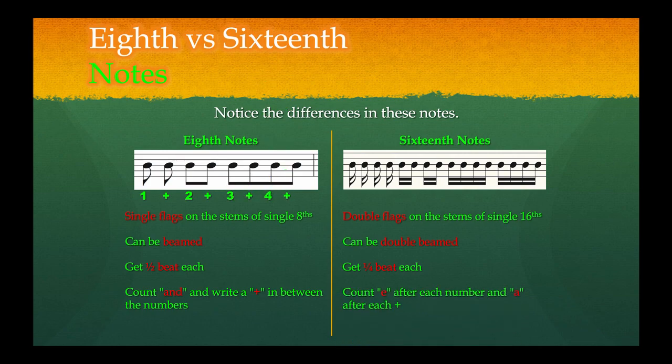When counting 16th notes, we count E after each number and after each plus sign. 1E and 2E and 3E and 4E and. 2 8th notes can fit into 1 quarter note, but 4 16th notes can fit into 1 quarter note.